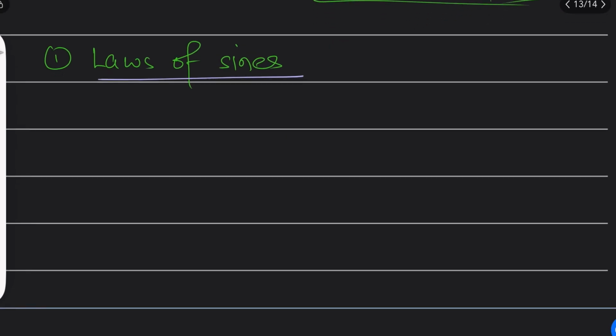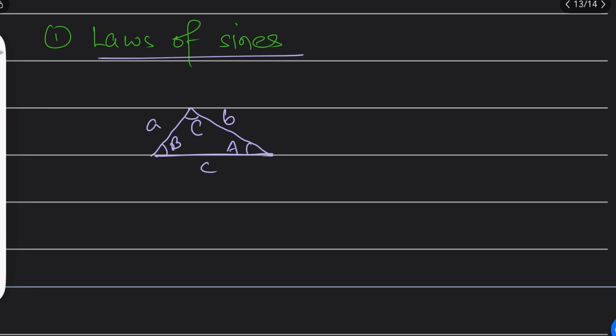If you have a triangle like this, let's say one side is a, the other side is b, third side is c. The angle opposite to side a is capital A, the angle opposite to side b is capital B, and the angle opposite to side c is capital C, right? Now, sir, can we write sine rules like this?